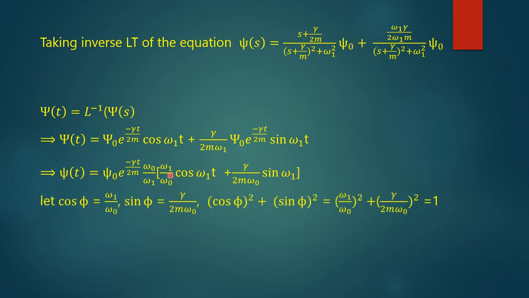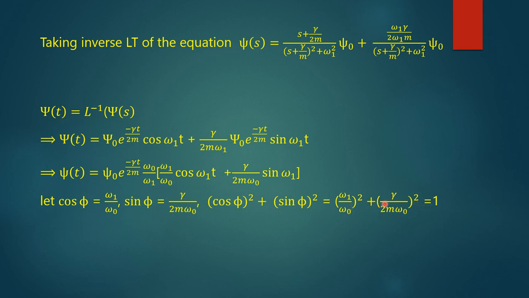Now if we write omega 1 by omega 0 is equal to cos phi, and gamma by twice m omega naught is equal to sin phi, then we find cos square phi plus sin square phi is equal to omega 1 by omega naught the whole square plus gamma by twice m omega naught the whole square is equal to 1.